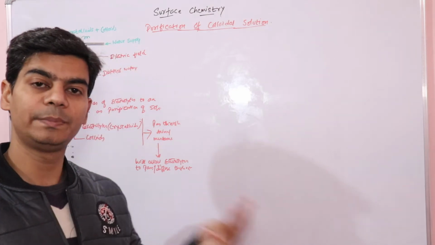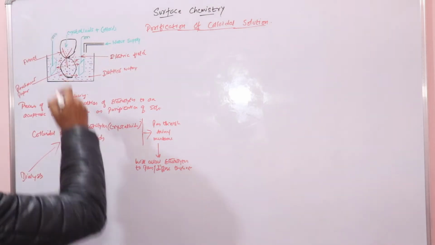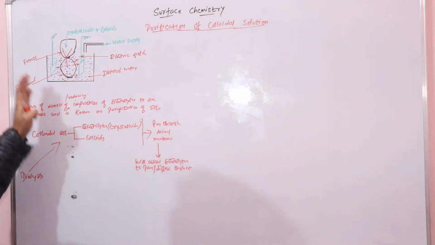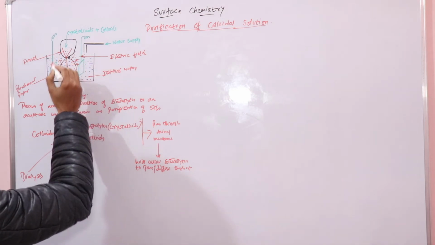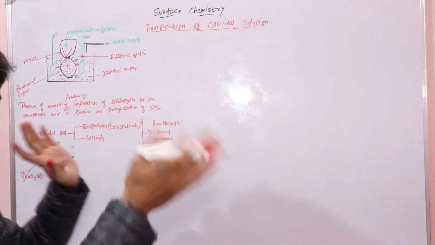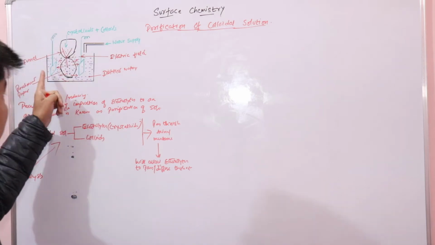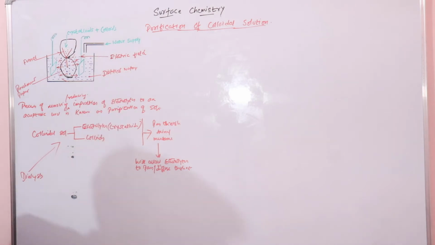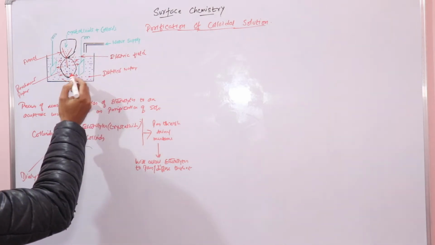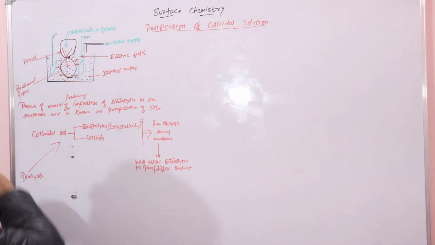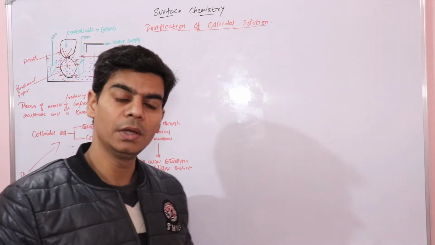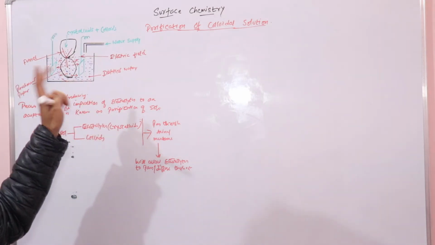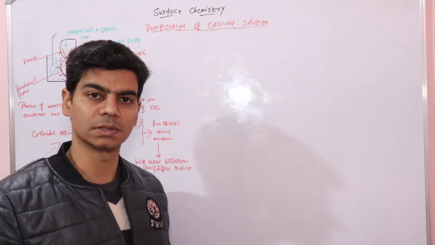So in order to speed up the process of dialysis, we put these electric plates, a negative and a positive plate. When these plates are connected to electricity, the negative plate will attract positive ions and the positive plate will attract negative ions, and this is how it will speed up the process of dialysis.